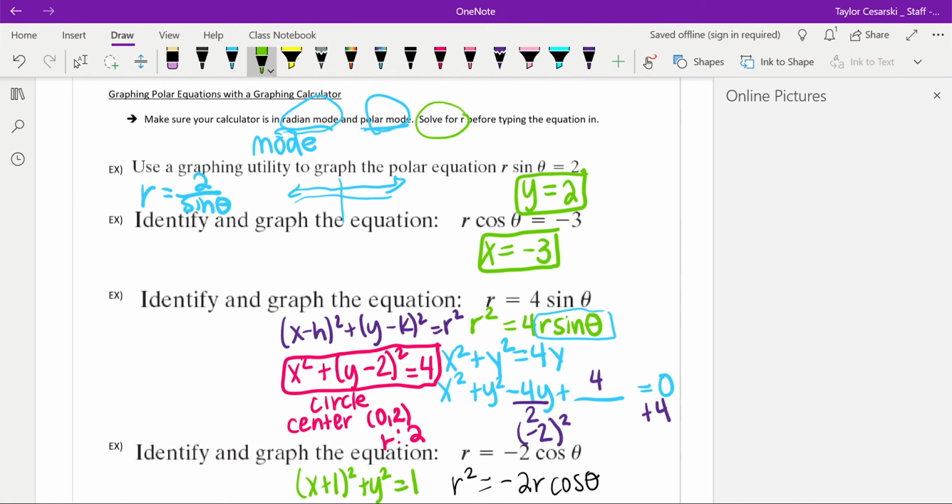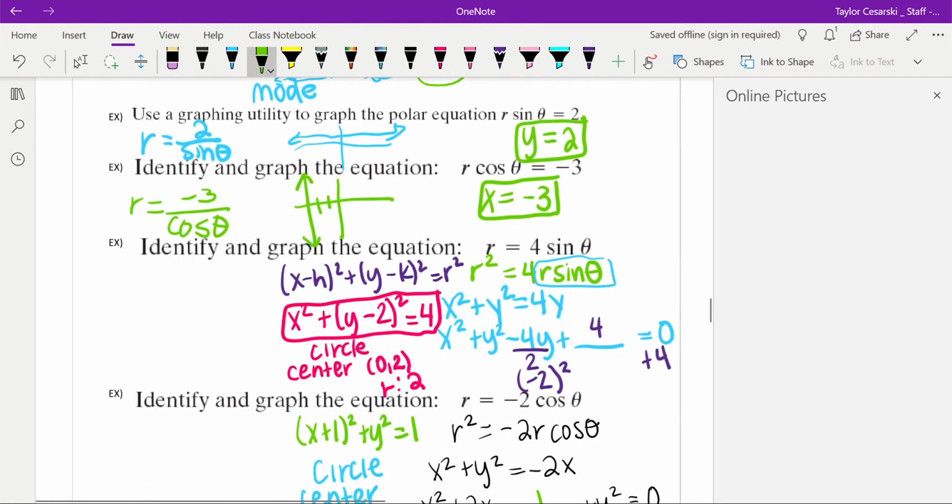All right, same thing for the next one. When we solve for r, it should be r equals -3 divided by cosine of theta. And when you graph that one in your calculator, it should turn into a vertical line over at x equals -3.